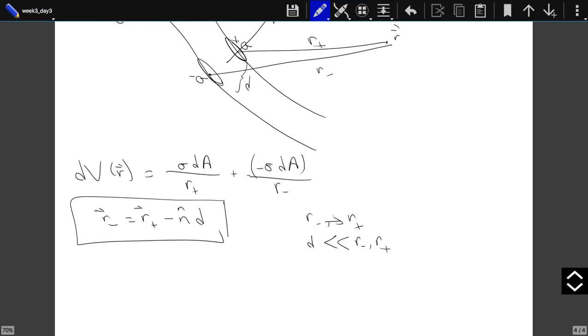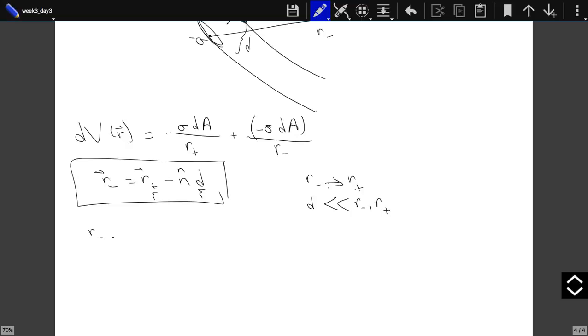So eventually we will be taking the limit D goes to 0. We can use R plus as our position vector. So let's see, R minus squared, we have to express everything in terms of R plus and D. So that will be our A.